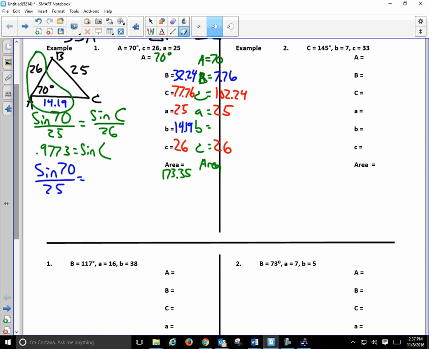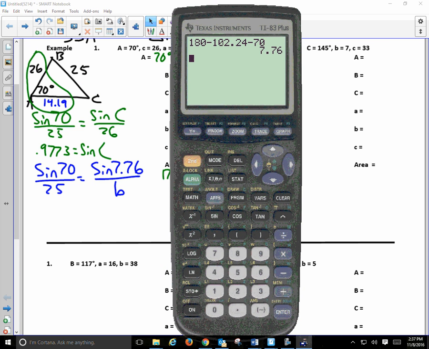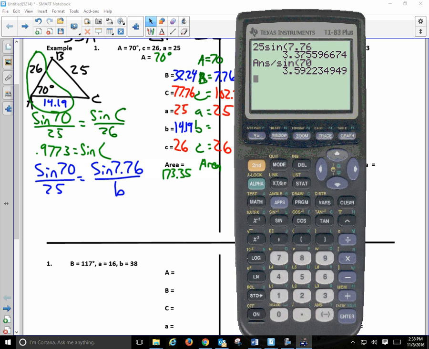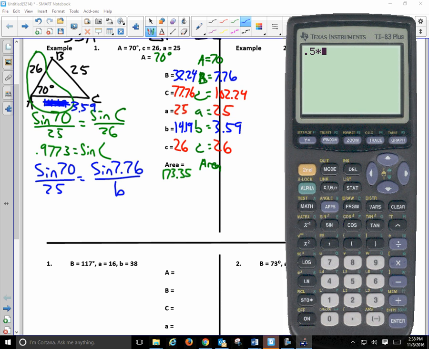Sine of 70 over 25 is equal to the sine of 7.76 over B. Cross multiply. 3.59. If that was 3.59, then I would have a different area. 0.5 times 26 times 3.59 times the sine of 70, and I get 43.86.